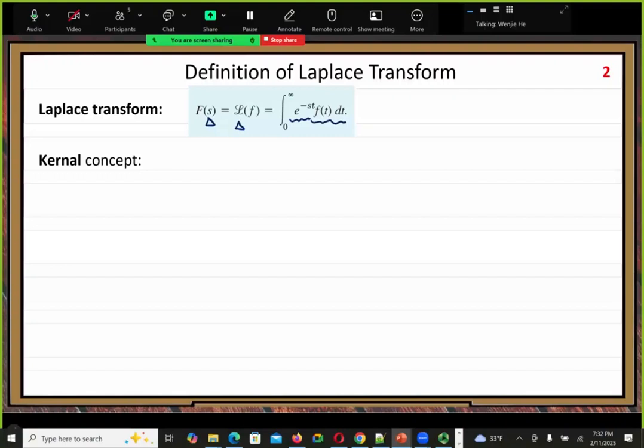The kernel concept. Here, just the terminology. Most people may not use this term kernel, but mathematicians want to interpret the special structure in a formal way, so they introduced this kernel concept.